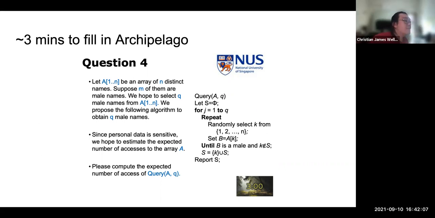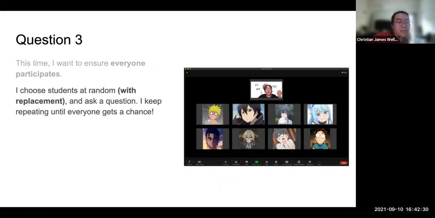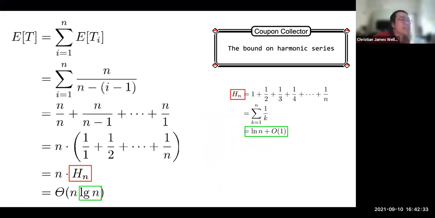Okay, I see a couple of answers there. If you're stuck, let me drop a little bit of a hint. Hopefully you see that this is similar to coupon collector. Then maybe I'll put the slides back here for you to see how you can analyze. I'll give it a bit more time because there's a bit of a lack of responses. Maybe resume at 4:45.